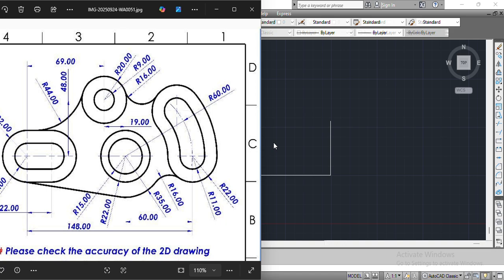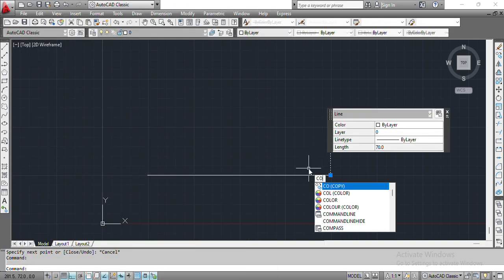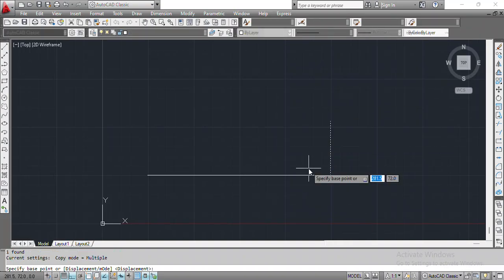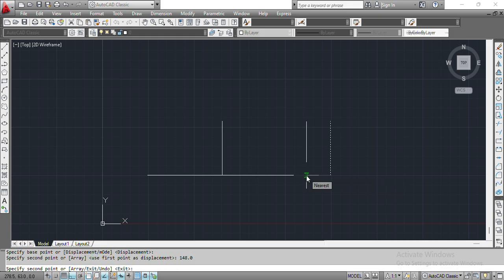So we are going to start with the 148 and then 60. This one, copy from the base to a distance of 148.0, and again to a distance of 60.0.